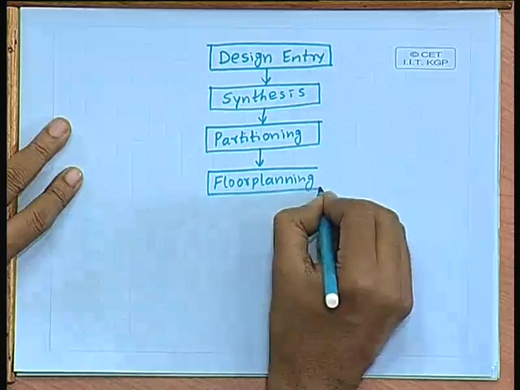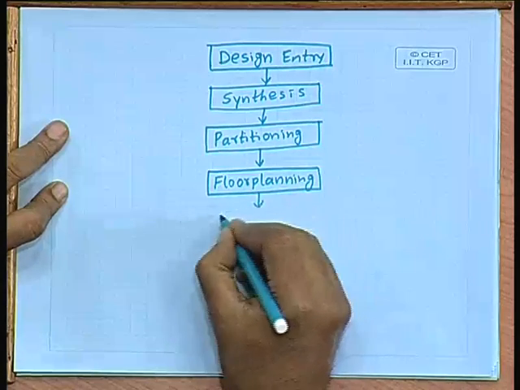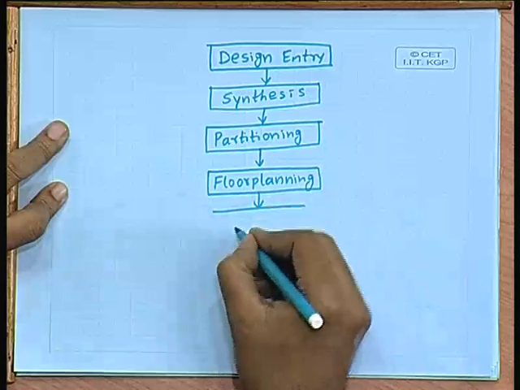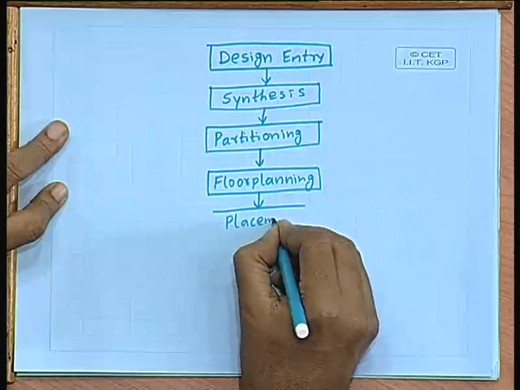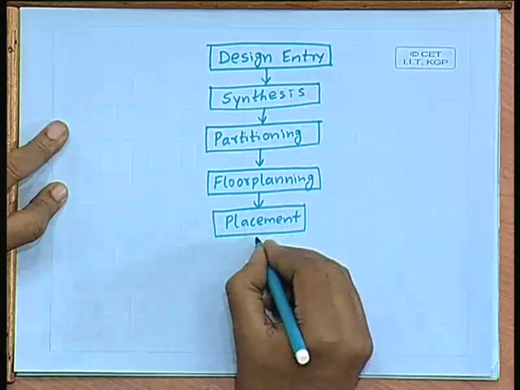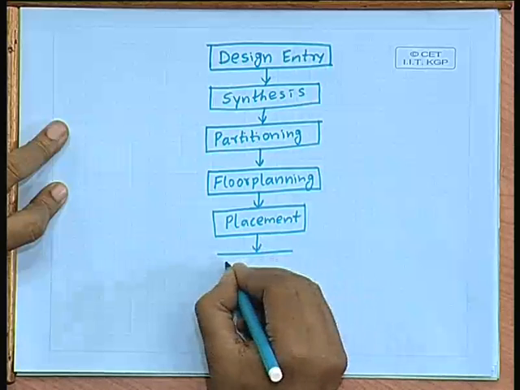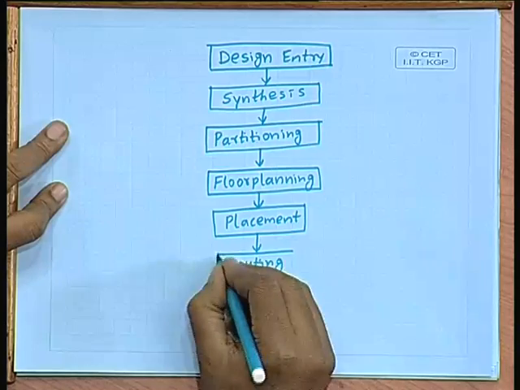Floor planning is the relative ordering of the different sub blocks. Then with some additional information and refinements, we get a more accurate picture, which is placement. And after placement, we carry out routing when the geometry becomes finalized.